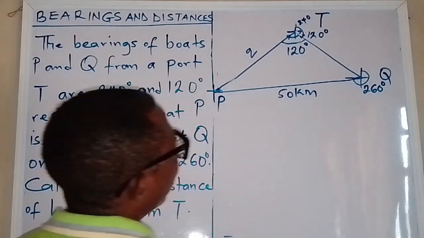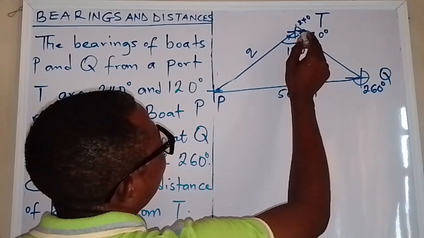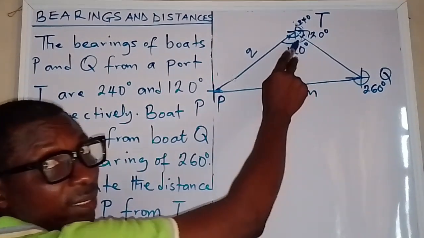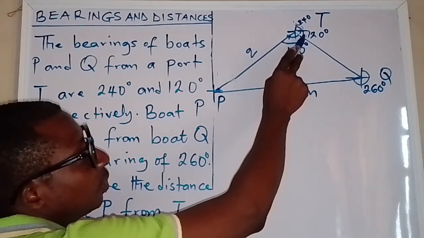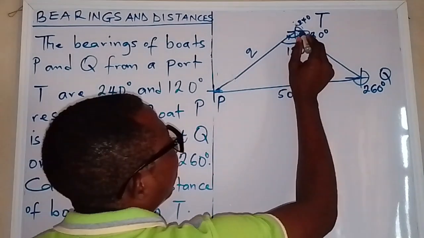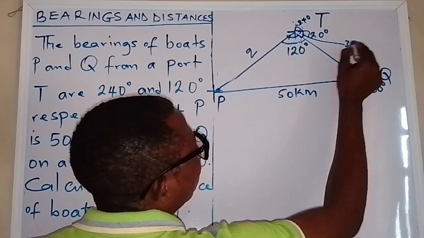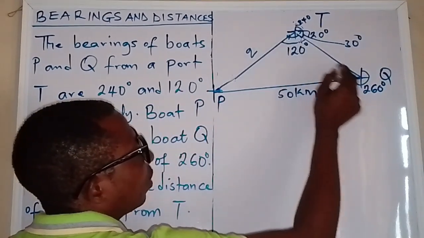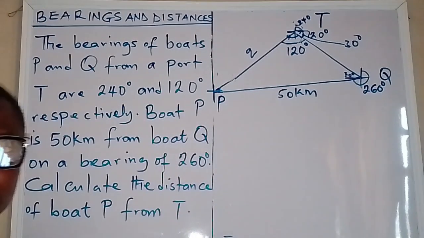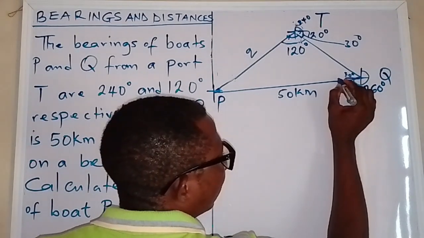So now let's look at it. The angle here, from the North Pole to 120 degrees, you can take away 90 degrees, so what I have here is going to be 30 degrees. This angle here is alternate to this place, so this place is 30 degrees. And this small angle, just like we said, is 10 degrees.